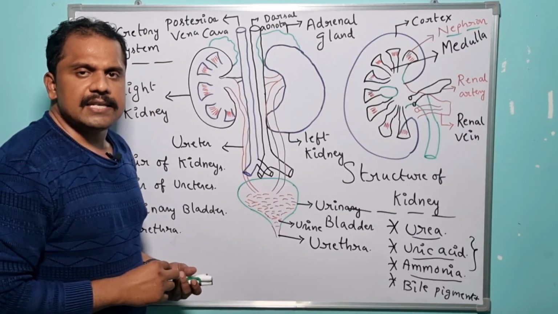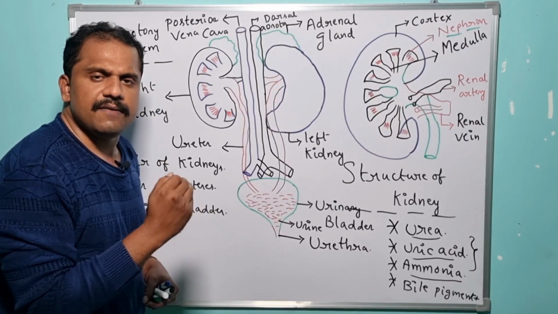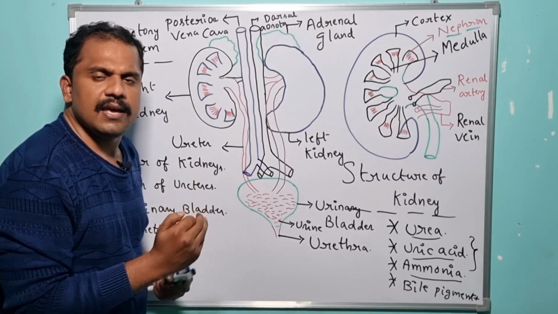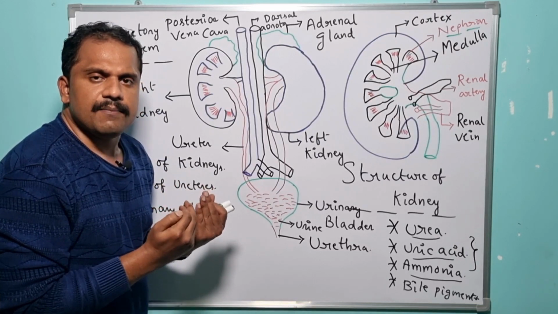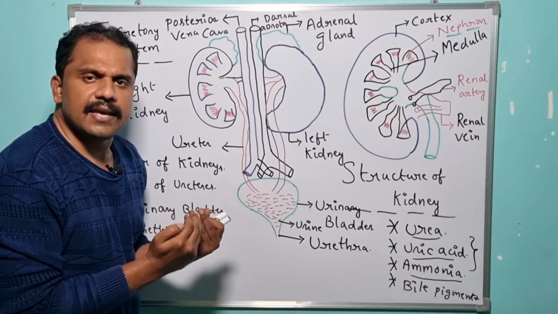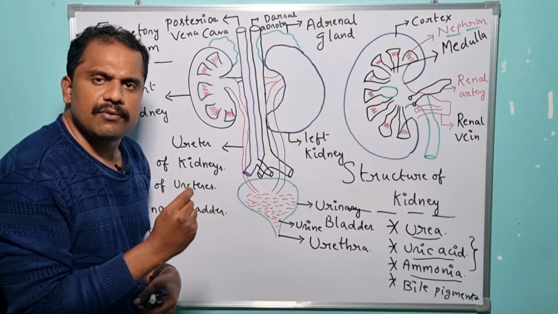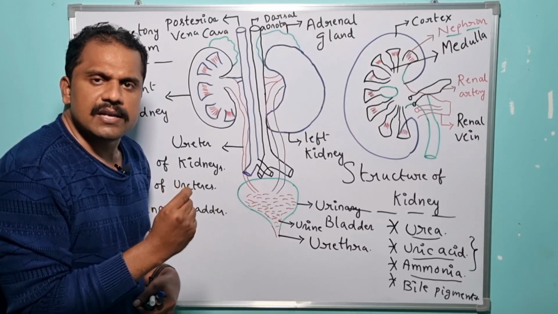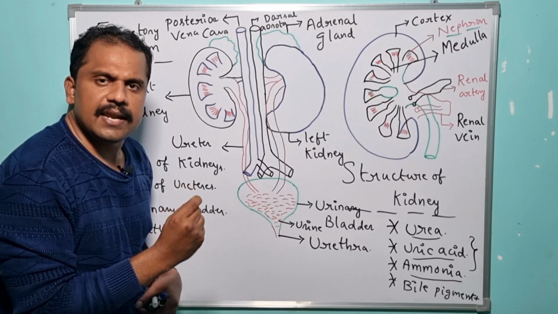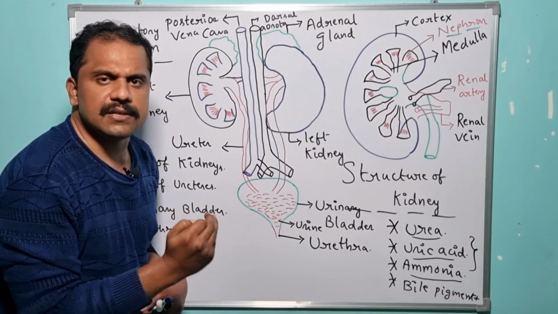So what are nephrons here? As we all know, the cell is the structural and functional unit of an organism. Any particular organ is composed of n number of cells, right? Once n number of cells are arranged in a systematic or programmed manner, it leads to the formation of a tissue. Once n number of tissues are arranged in a systematic manner, it leads to the formation of an organ.